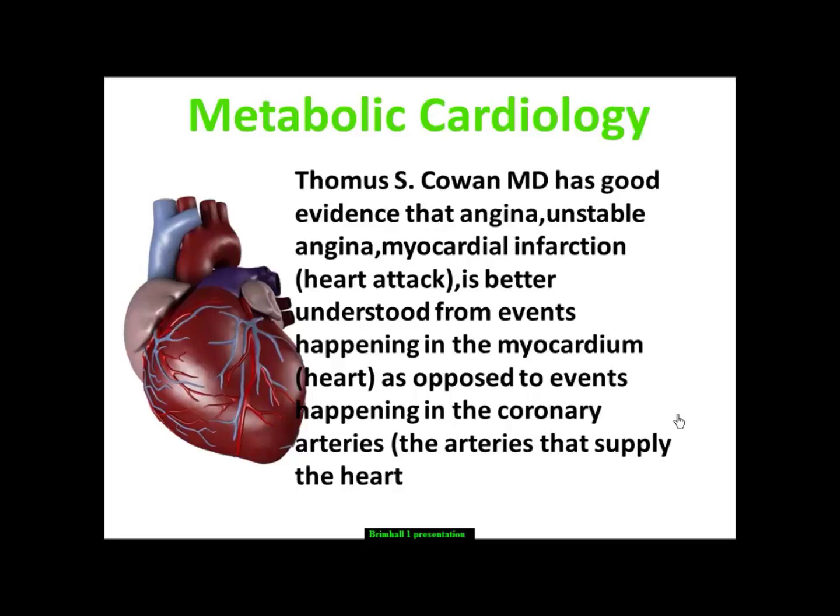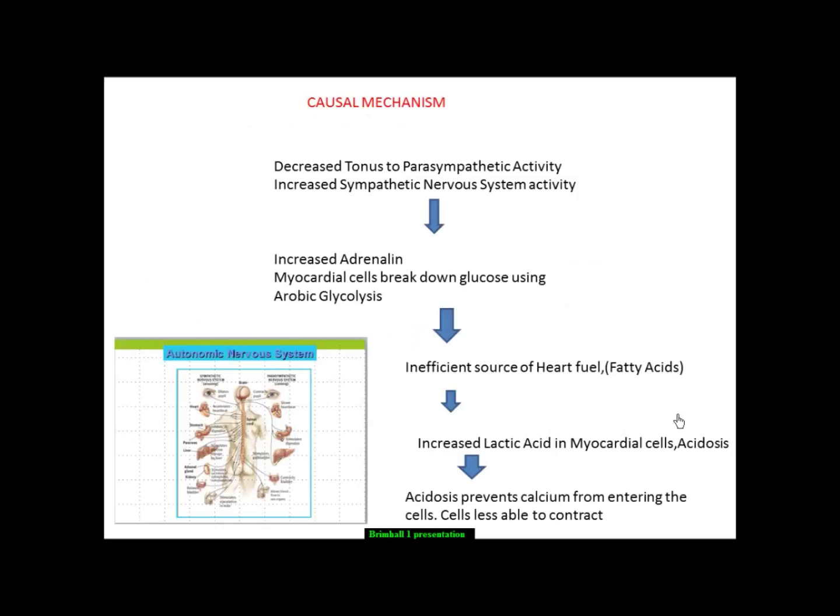Most therapies involve blocked arteries, doing angioplasty or stents to increase blood flow. But there's a whole other theory of what's really happening with people having heart attacks, and it has to do with decreased parasympathetic tone and increased sympathetic nervous system activity.